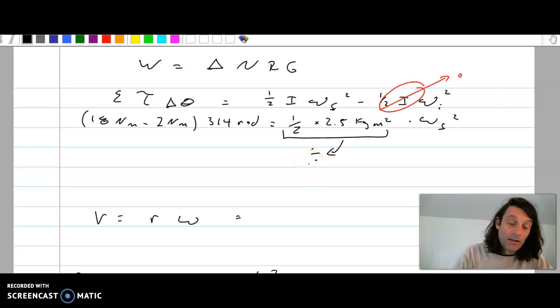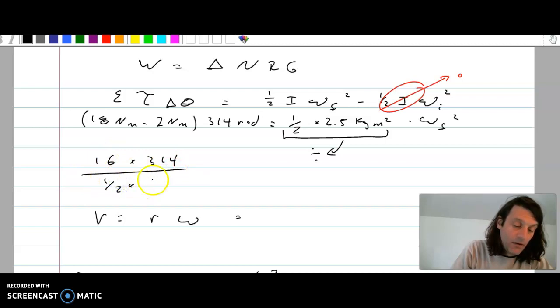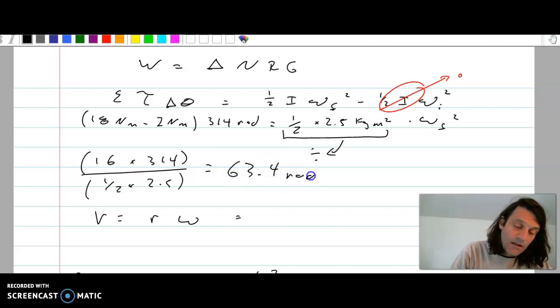Jeepers V. So when you divide that anyway, I will end up with what? 16 times 314 divided by half of 2.5. So put that in parentheses. Anywho, this ends up being 63.4 radians per second.